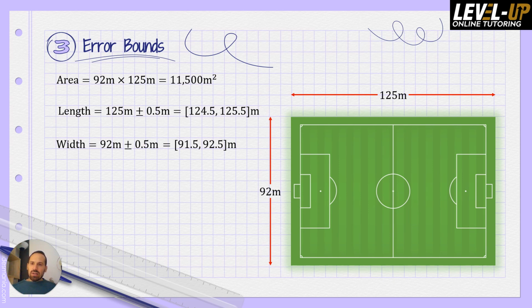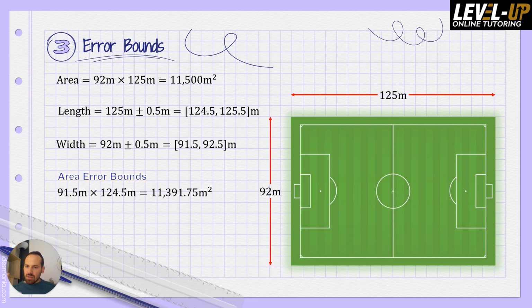So if we want to calculate our error bounds for the area, first we calculate the minimum the area could actually be. We do that by taking the minimum value of the length and the width, because we're multiplying to calculate area.